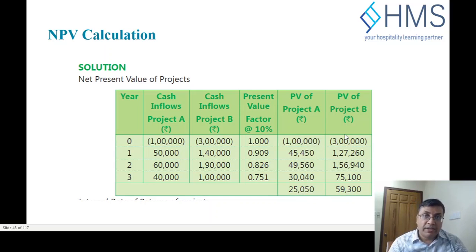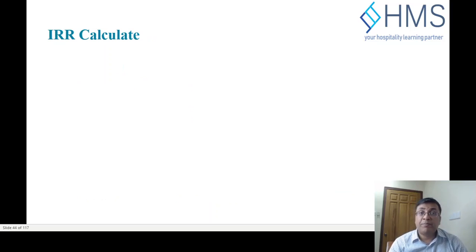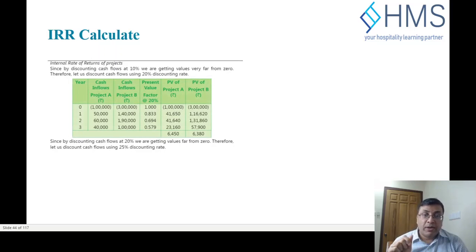Now to calculate the IRR, we need to calculate the net present value at a higher rate, because both of the cash flows are positive. So first we assume a 20% rate, and then we calculate the net present value.